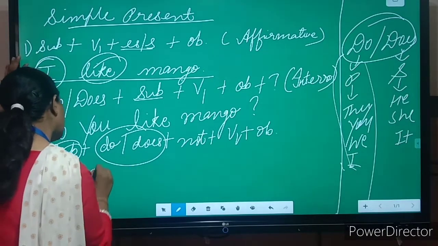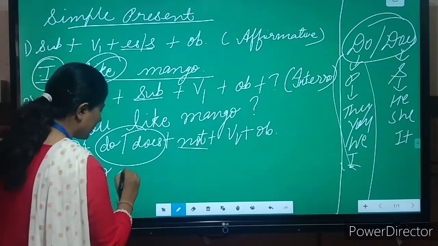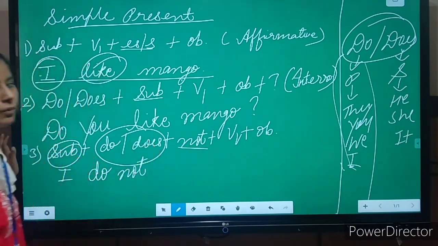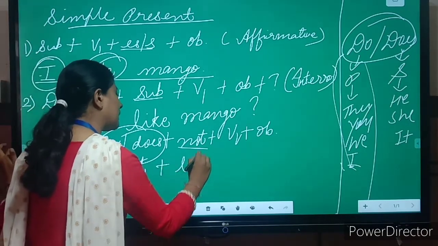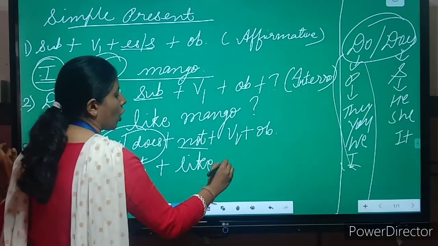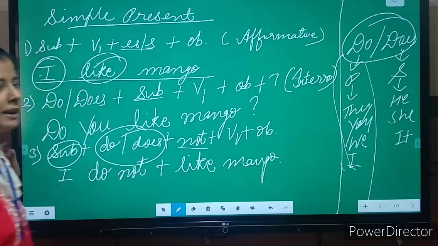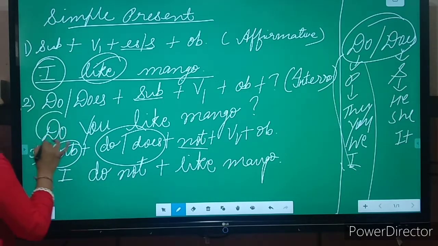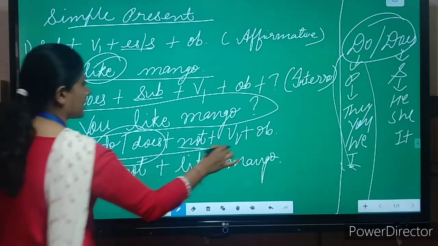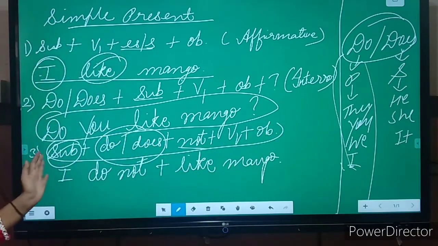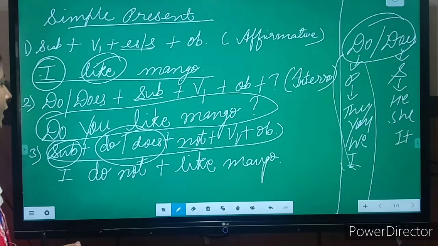Yes, you will use do. Because it is a negative sentence, we'll use do not, and then the verb's first form, that is like, and then the object, that is mango. So I hope it is clear. You don't have to do anything else. You have to just learn the structure. This is the structure, and then you will easily solve each and every question. I do not like mango. Clear?